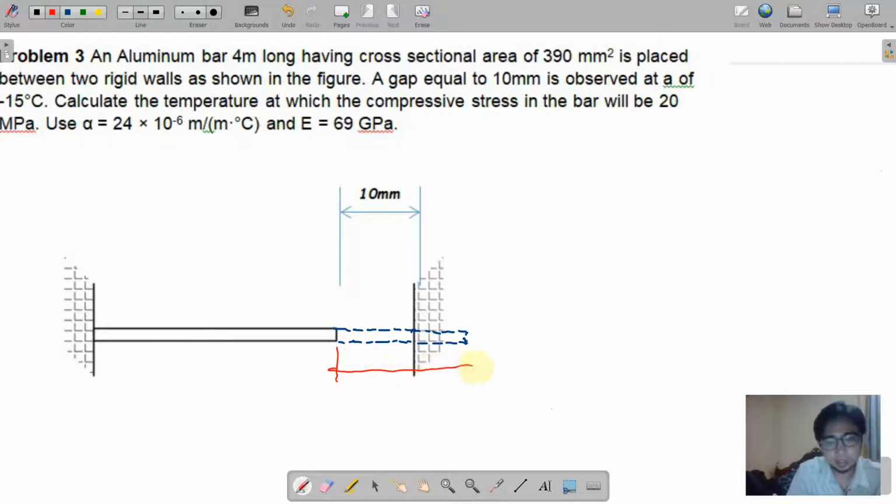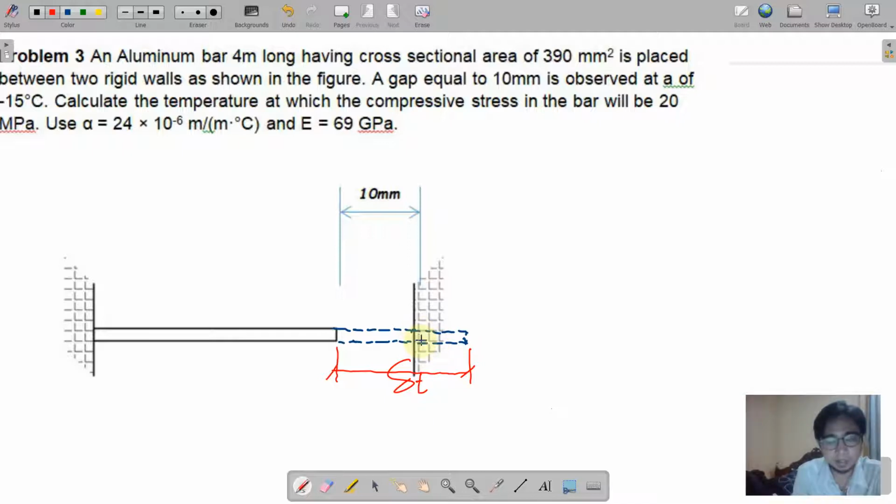Beyond this 10 millimeter gap, the material will begin to be pushed, di ba?